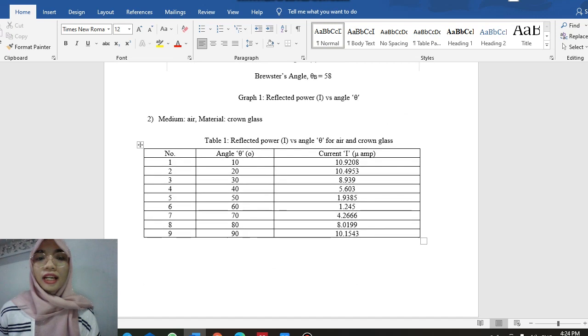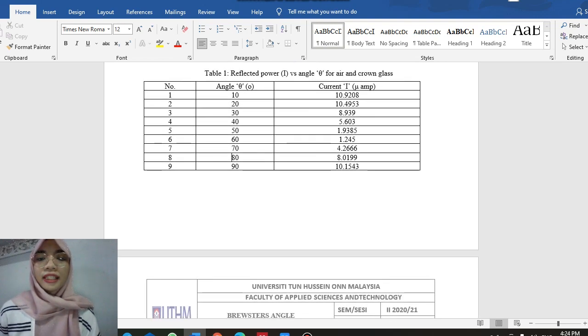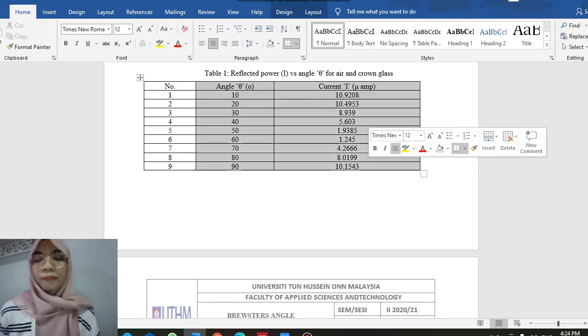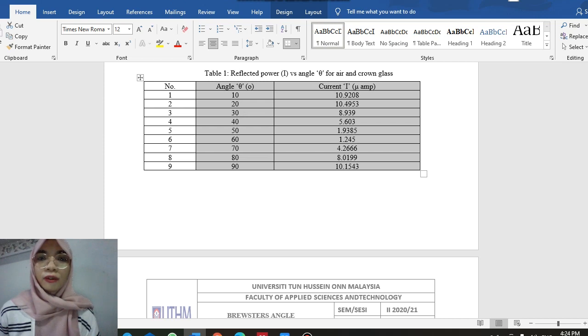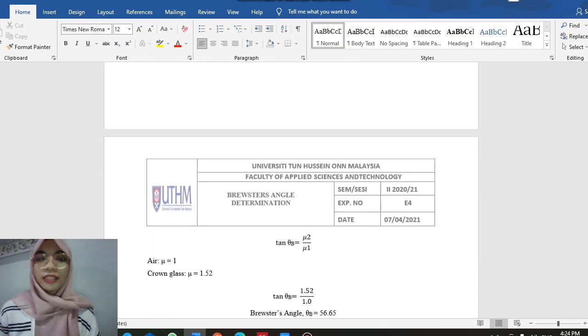The same goes when we change the material to crown glass, but we keep the medium the same, and then we get the angle and the current from the simulation like before when we used topaz. So we can get an angle and the reflected power from the current output unit device.